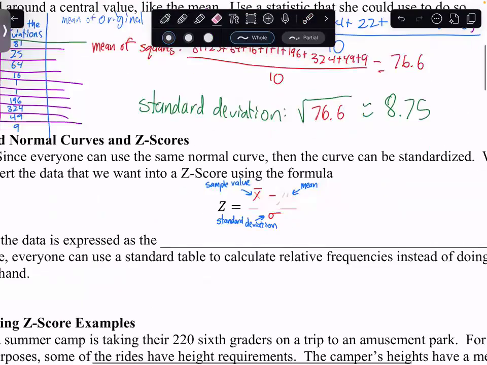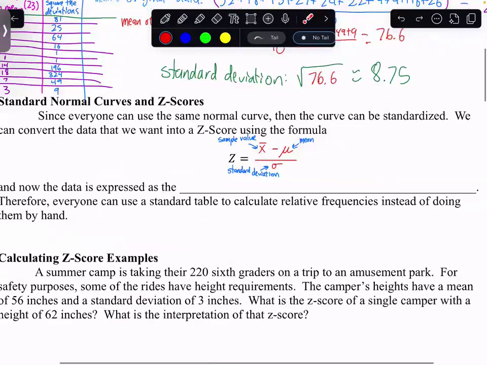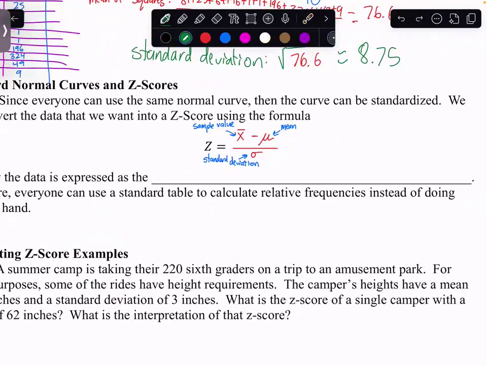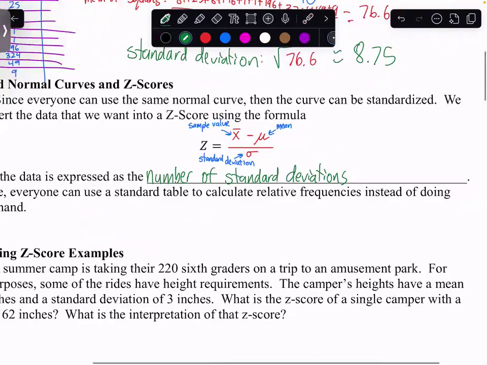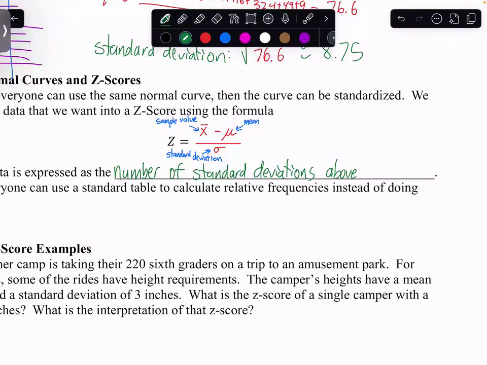Okay, so you use this formula to get what's called a z-score, but we want to understand what a z-score actually represents. A z-score represents the number of standard deviations either above or below the mean.